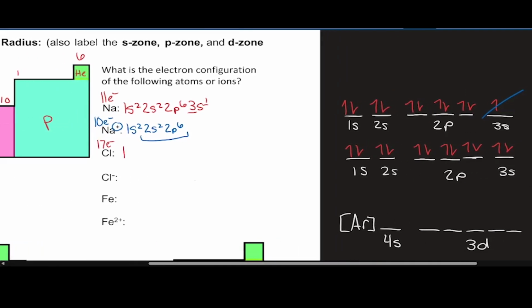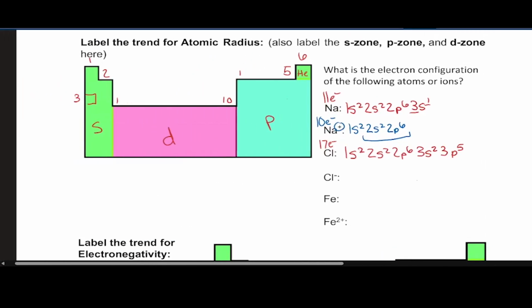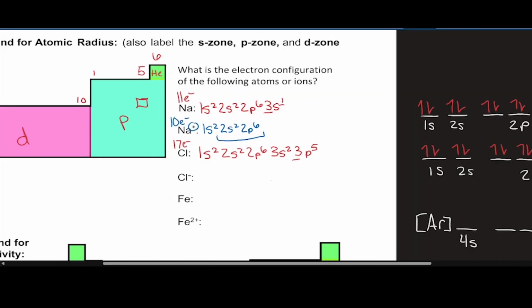Thus, its electron configuration is 1s2, 2s2, 2p6, 3s2, and 3p5. Similarly, if we look at our periodic table, chlorine's going to fall in that 5th column in the 3rd row, so right around here-ish. Looking at its electron configuration, it's a 3p5 configuration.